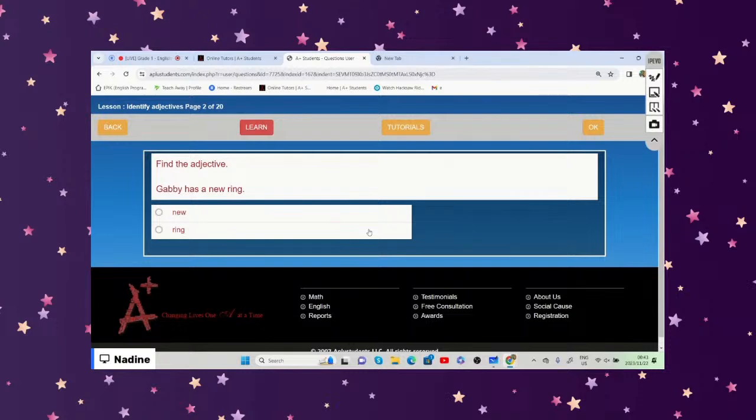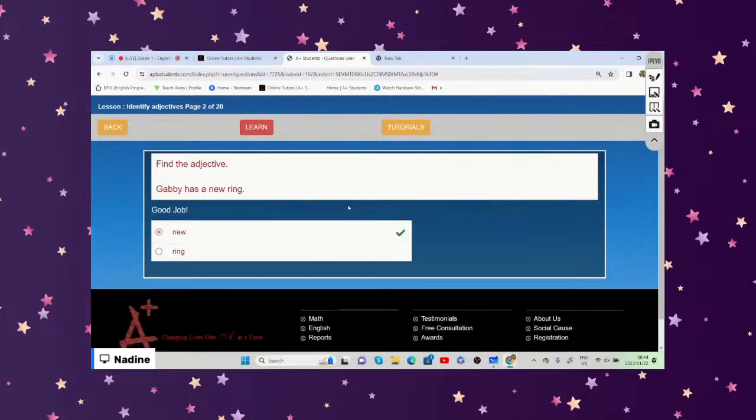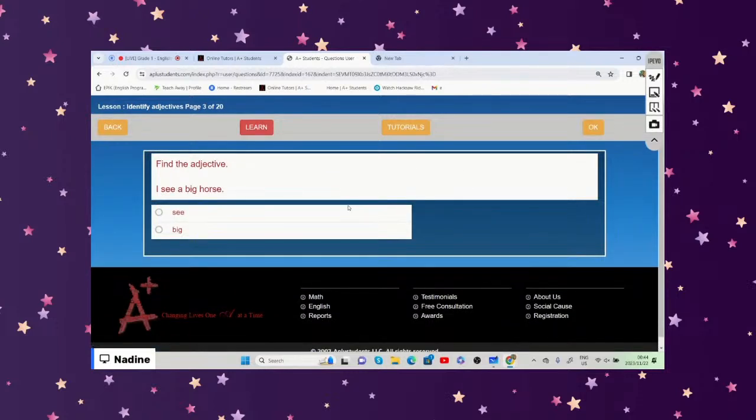Is it new or is it ring? All right, so some people say new, then let's put new. And new is correct because it tells us about her ring.